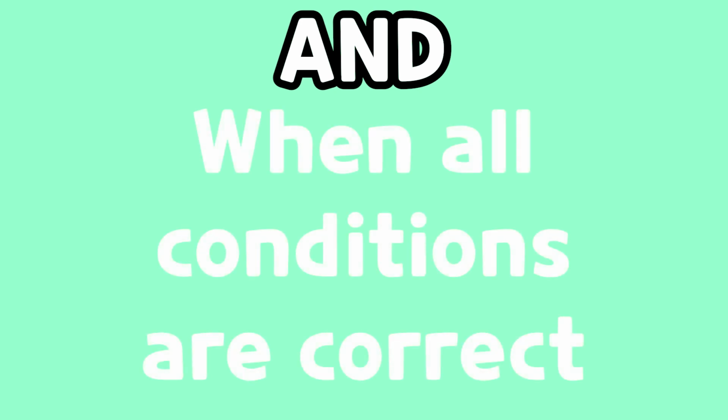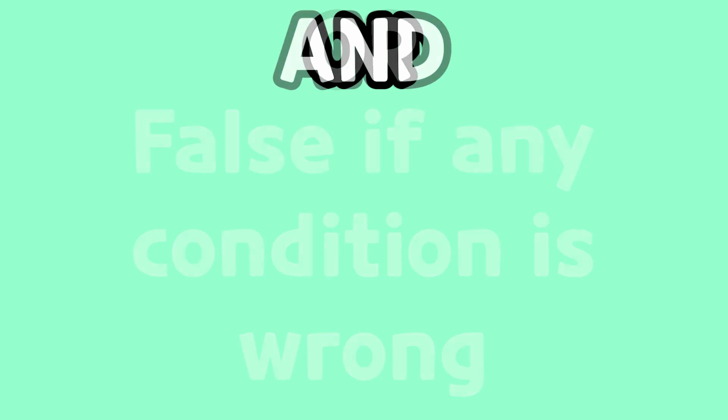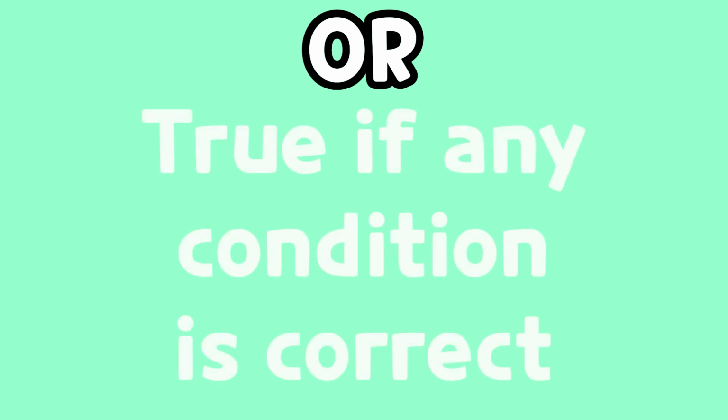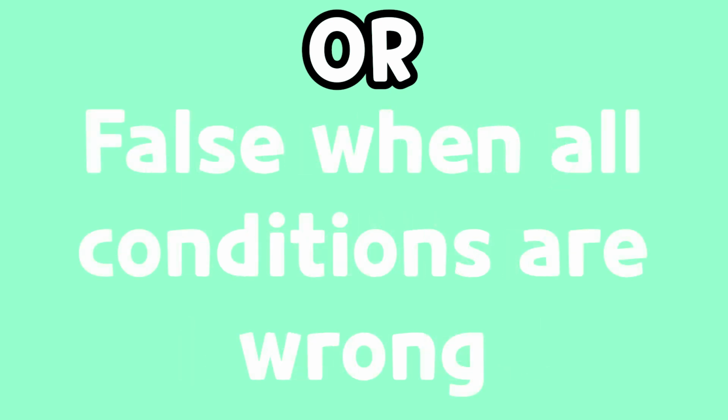To sum up, AND gives true when all the conditions are correct. But if any single condition is wrong, it will show false. For OR, if any single condition is true, it will be marked as true. And if all conditions are wrong, it will be marked false.